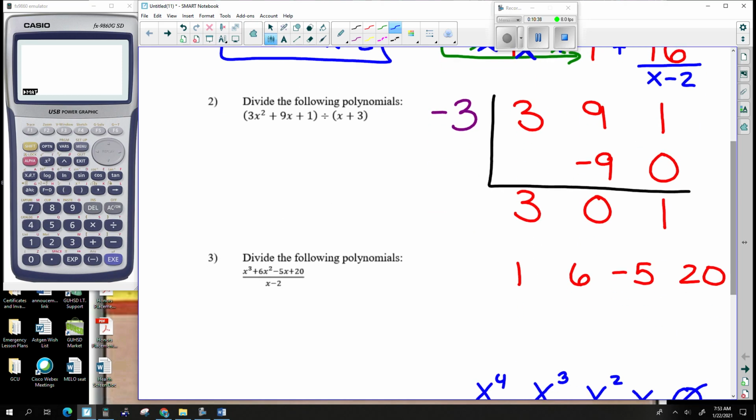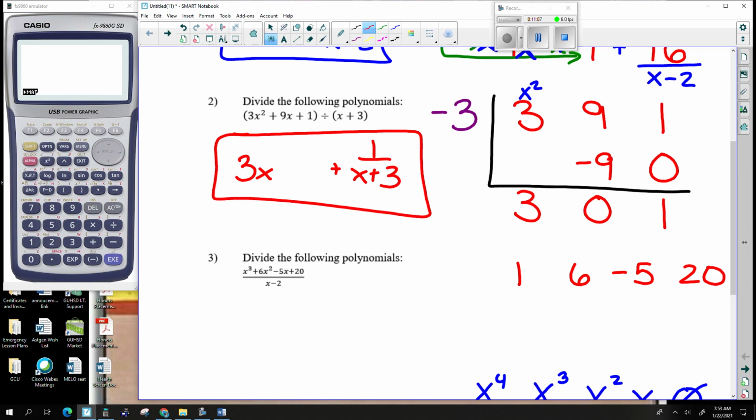So in this one, this original first number was an x squared. So my answer is going to be 3x, okay, technically plus 0. We don't write that in there. Plus 0 plus 1 over x plus 3. We don't write the plus 0. So my answer is 3x plus 1 over x plus 3.